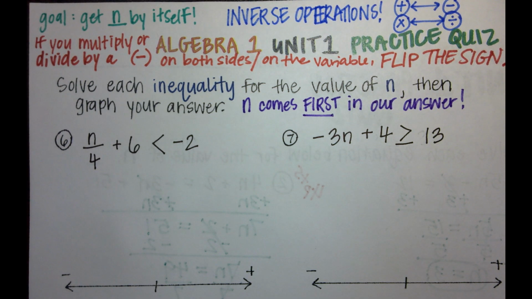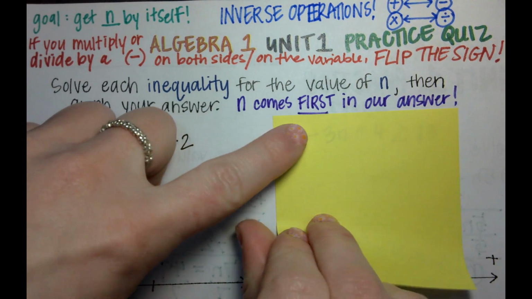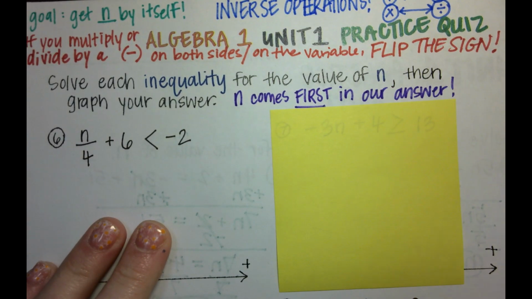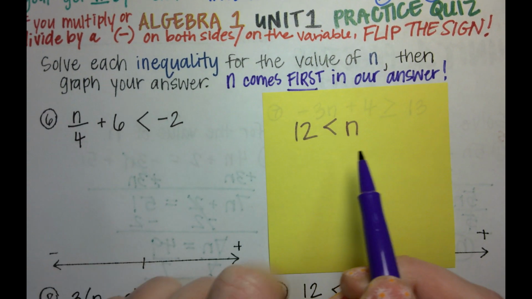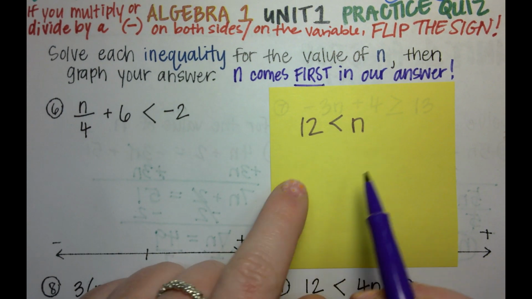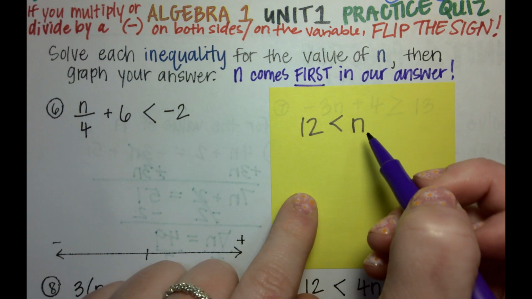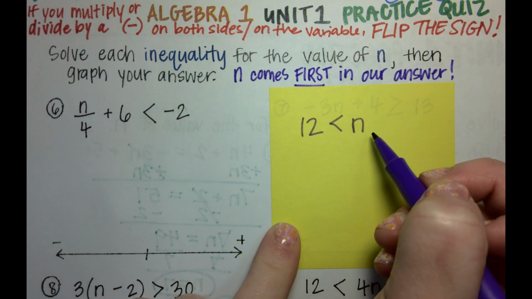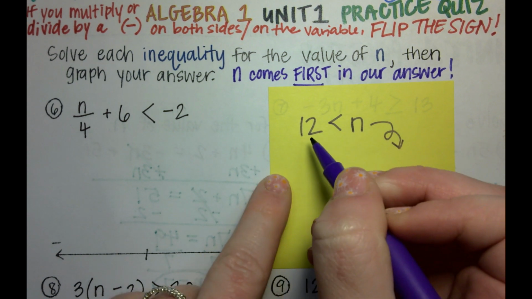Wait, I'm confused. You lost me for a second there. So n comes first. For example, if I had a problem where my answer was 12 is less than n, what would I need to do to this answer before I graph it? It's greater than n. Yes, we would need to flip it. N needs to come first. Right here, 12 comes first.